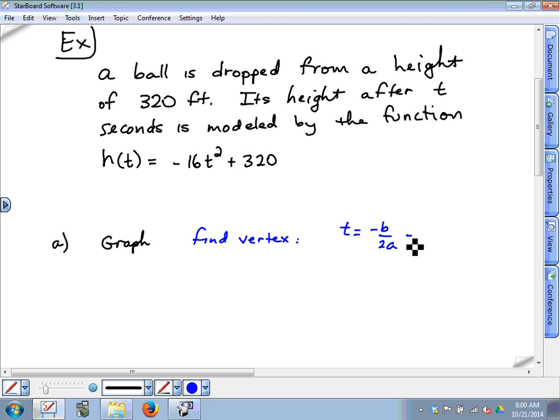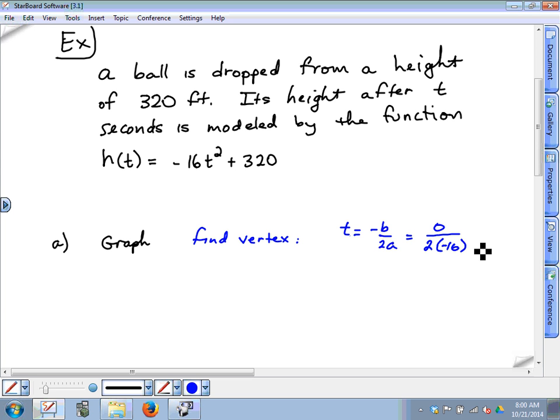Well, come on. The opposite of b? 0. Why do you say 0? There's no middle term, yeah. So b is 0, and the opposite of 0 is 0, so it's 0 divided by, it doesn't really matter what we're dividing by now.